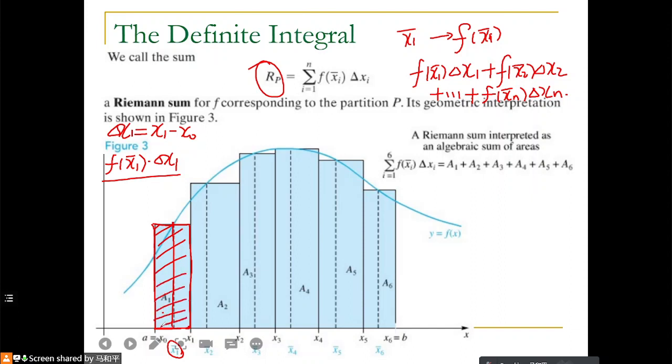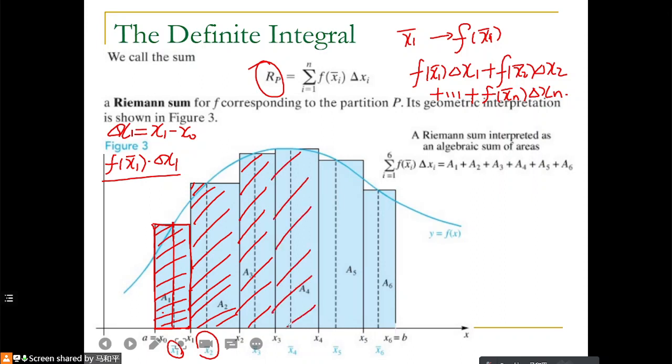We choose another sample point x2 bar, and f(x2 bar) times delta x2 is equal to the area of this rectangle. And we sum this one, and this one, and this one, up to A5 and A6.